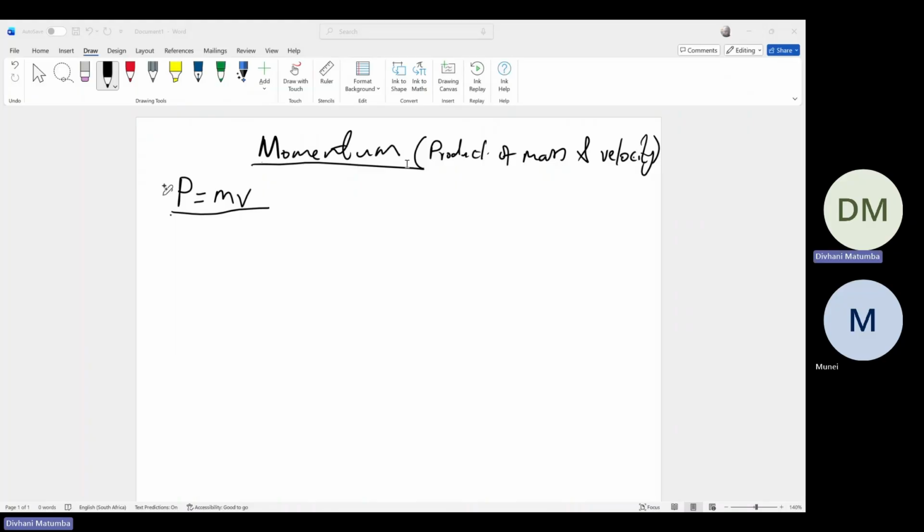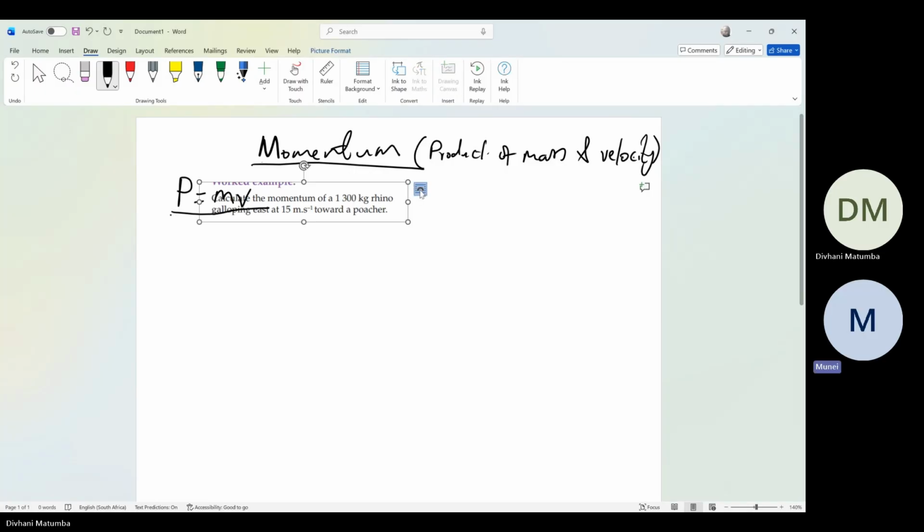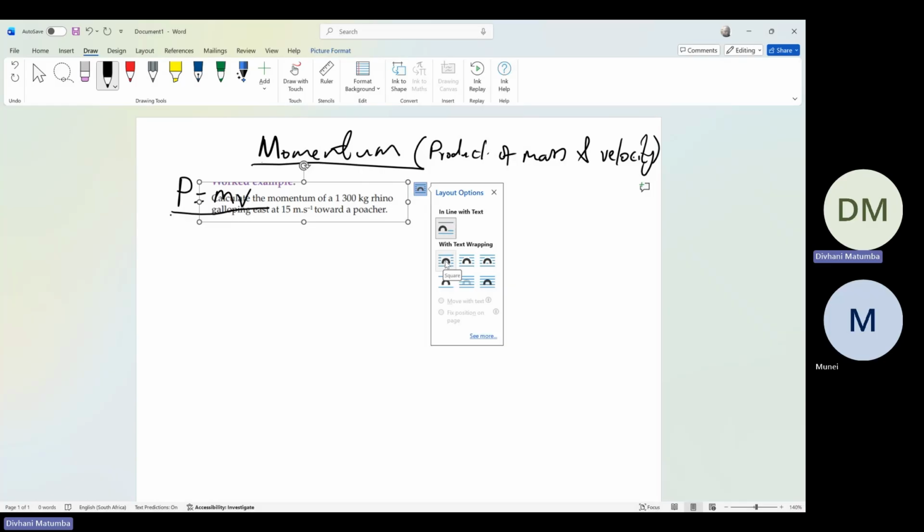So momentum is a vector. Munei, what is a vector? I forgot. A vector has magnitude and direction.